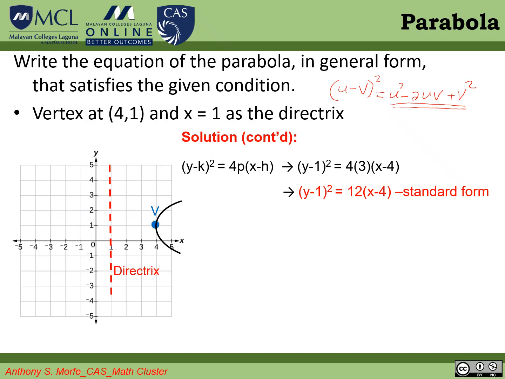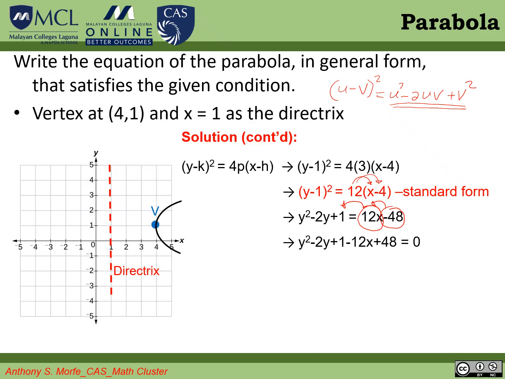And then on the right side we distribute and multiply: 12x, and this becomes minus 48. And to transform this equation into general form, we have to make the right side equal to 0 by transposing these terms to the left side. Okay, the right side is now equal to 0.